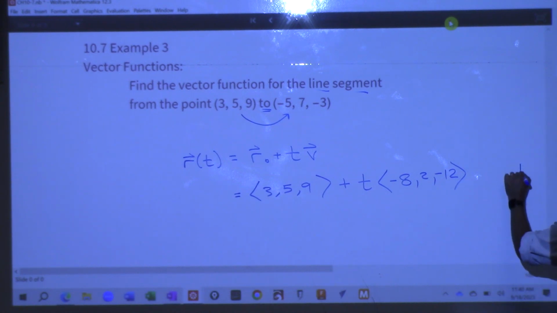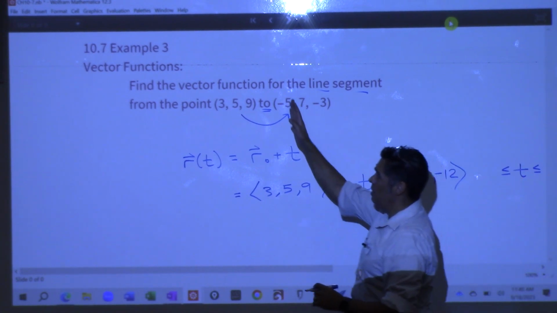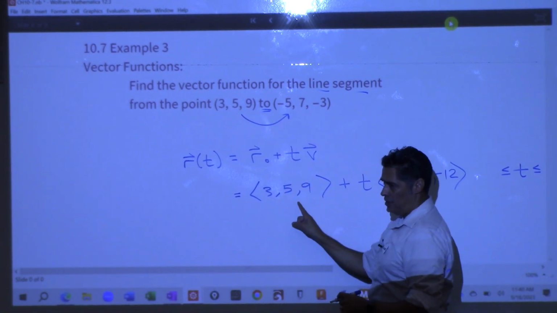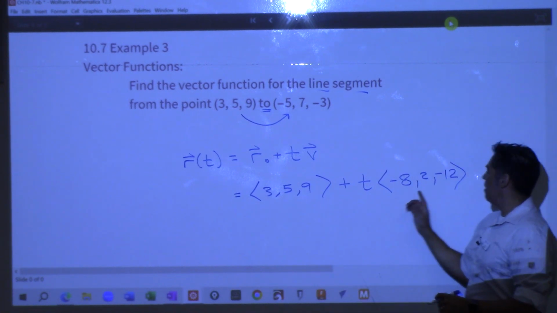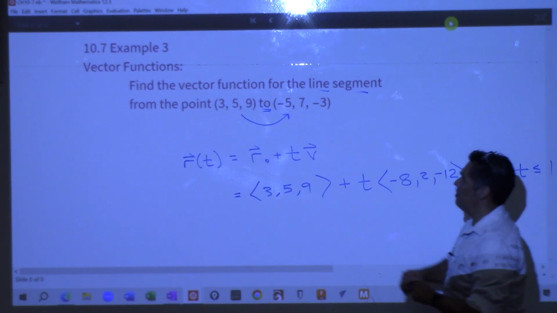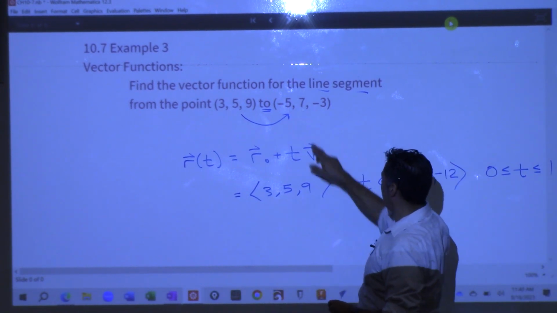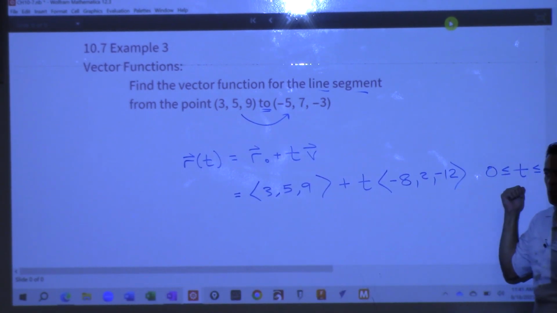And what did I say the restrictions on t will always be if you do it the way that I told you? The point you start from is this R naught, and the vector from here to here is that vector. Then what will the restrictions always be? 0 to 1. If you decide to use that point here, and then your vector goes from here to here, it won't work from 0 to 1, okay?